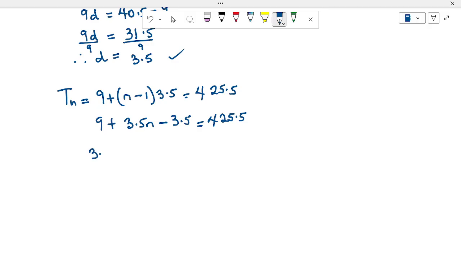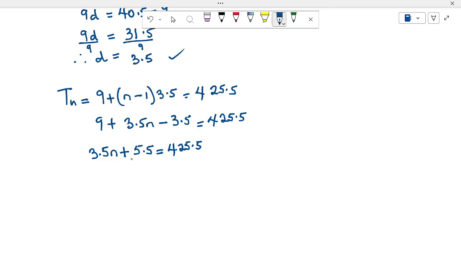So we have 3.5n plus 9 minus 3.5. That will give us plus 5.5, equal to 425.5.